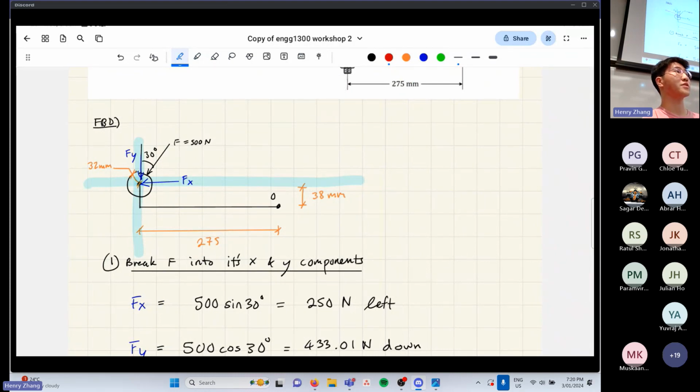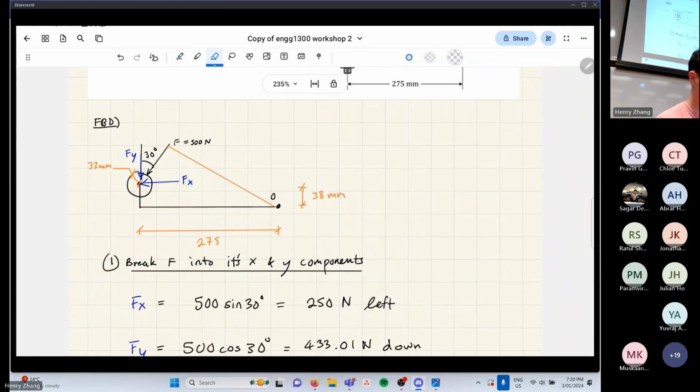So if we break it into horizontal and vertical components, it's easier to get the moments. But sometimes, if they give you the perpendicular distance, it's easier to just leave the force as is. It depends on the question. There's not really a set rule for it. You do enough questions and you figure out a pattern.